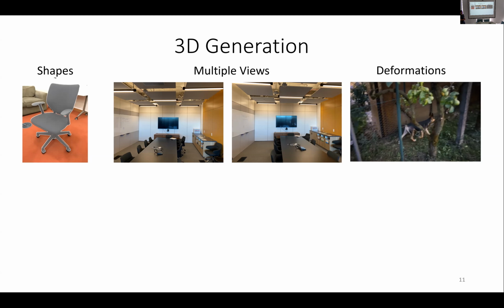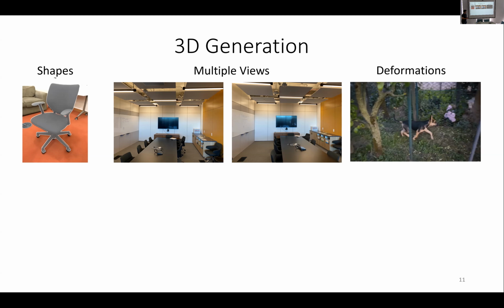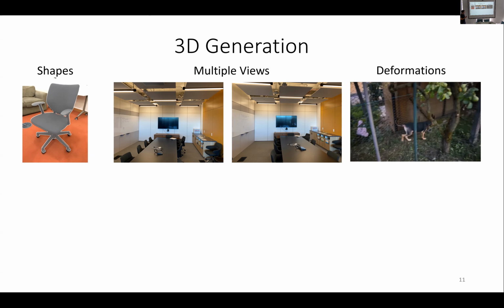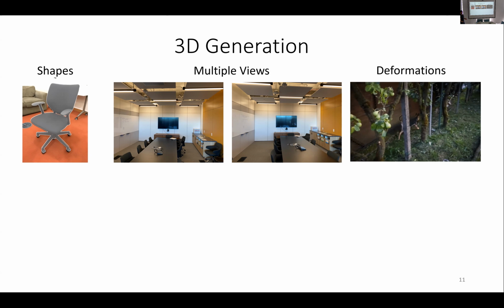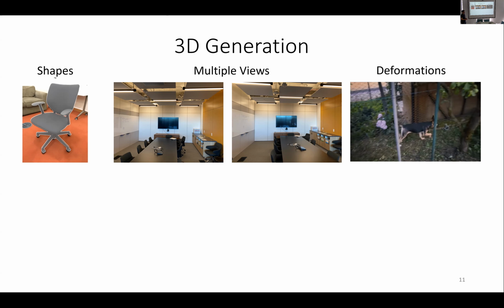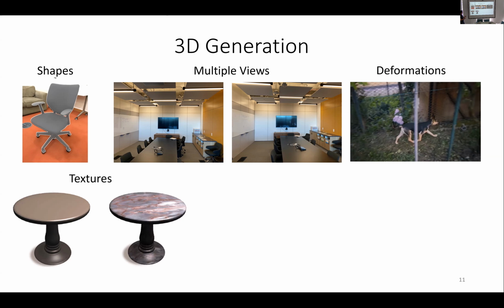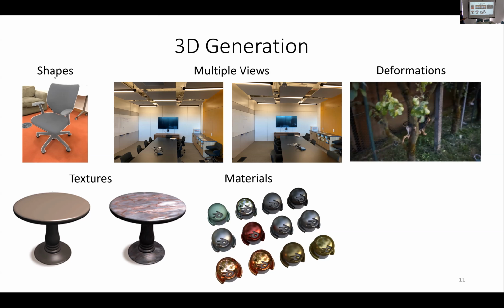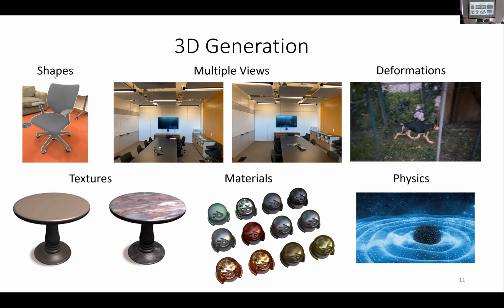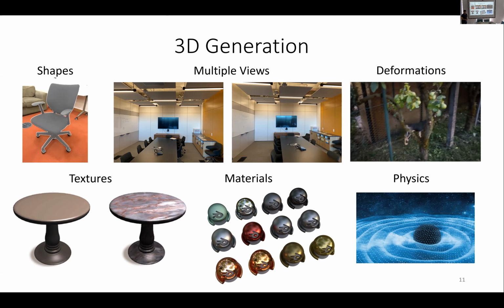For example, this object of the dog, I want to be able to describe how the shape changes over time. And I want to also have control of the textures of objects, the materials of objects, as well as the physics, how they interact and move around the world.